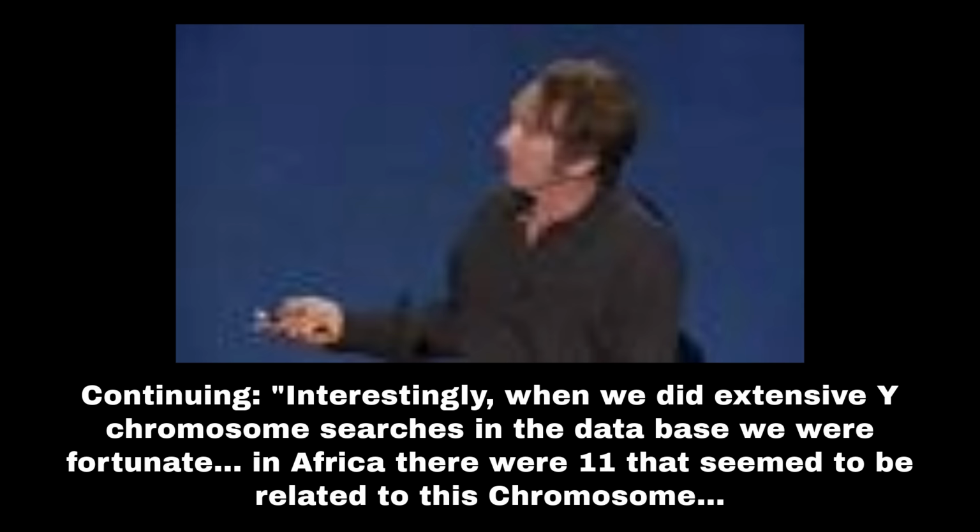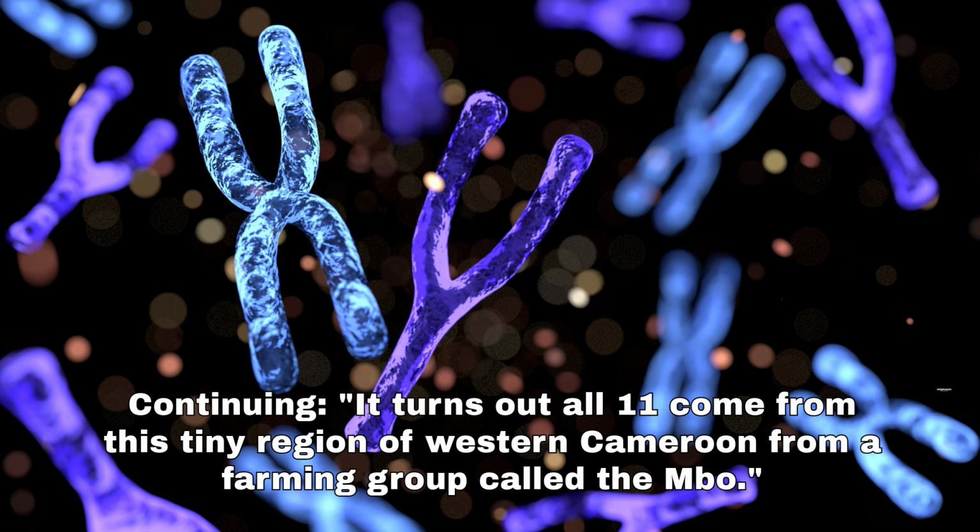Continuing, quote, "Interestingly, when we did extensive Y chromosome searches in the database, we were fortunate. In Africa, there were 11 that seemed to be related to this chromosome." Continuing, quote, "It turns out all 11 come from this tiny region of Western Cameroon from a farming group called the Embo," end quote.